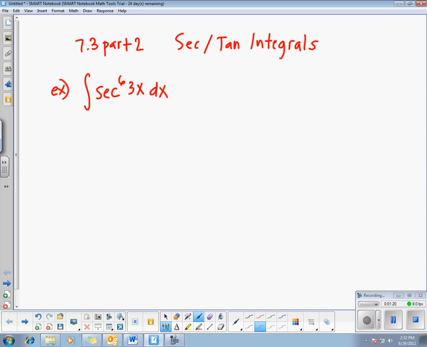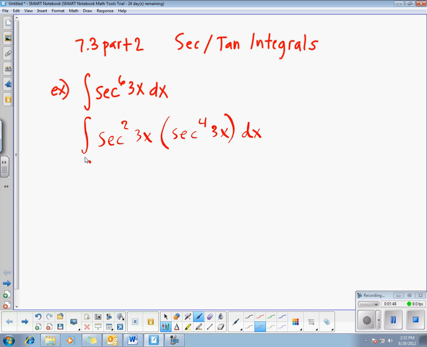So what the rule on page 500 says is save a secant squared and turn everything else into tangents. So let's take 2 of those secants and just save them. And then the rest, the other 4 secants, are the ones that are going to get transformed into tangents.